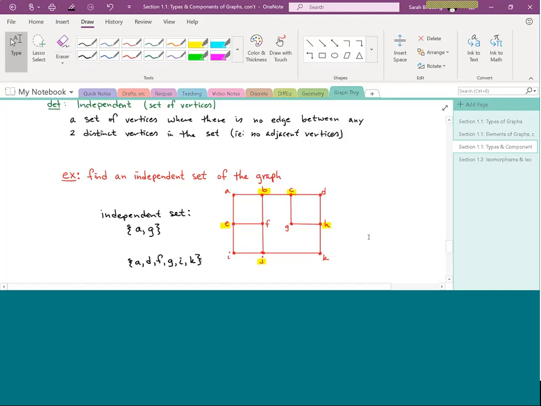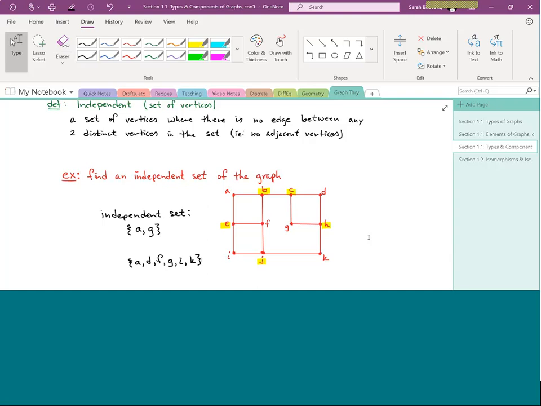Yeah. So here's the interplay between independent sets and edge covers, and it turns out sometimes it is way easier to find the independent set, sometimes it's way easier to find the edge cover, sometimes it depends on the graph, sometimes it just depends on how your brain thinks, okay? It turns out that for every edge cover, the vertices that are not in the edge cover are always going to form an independent set.